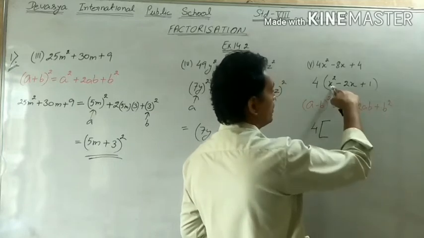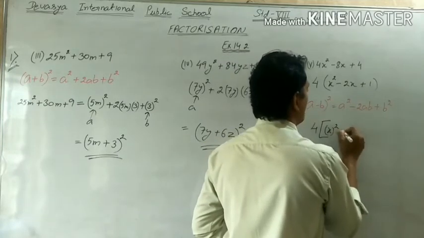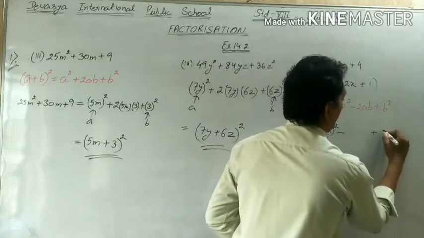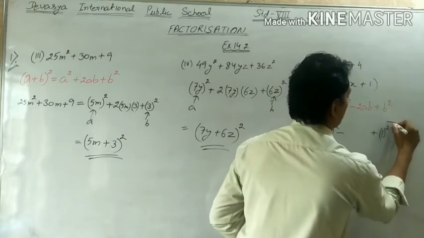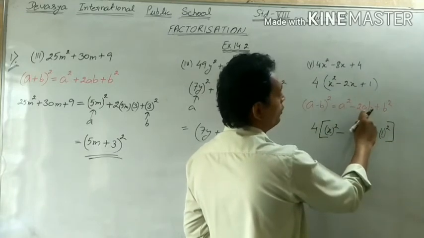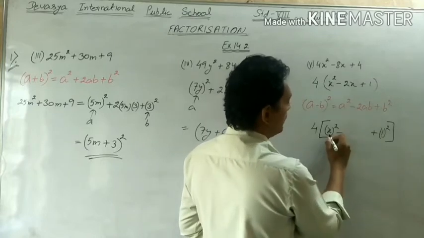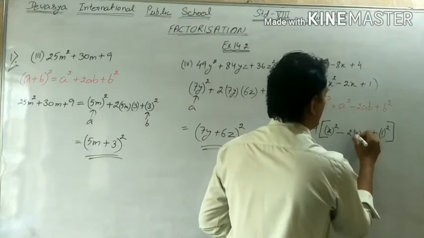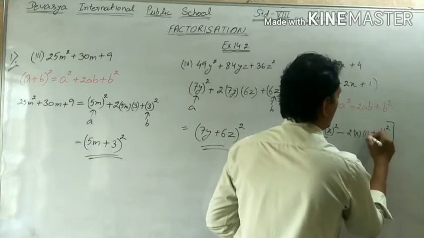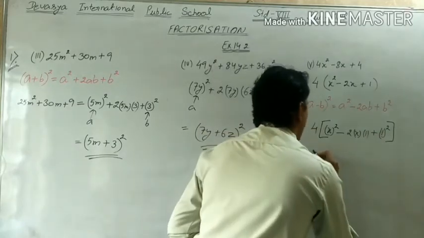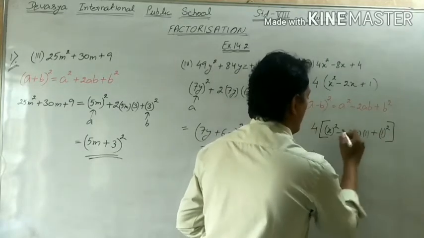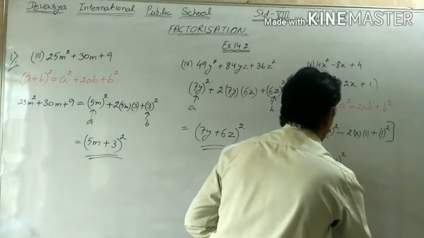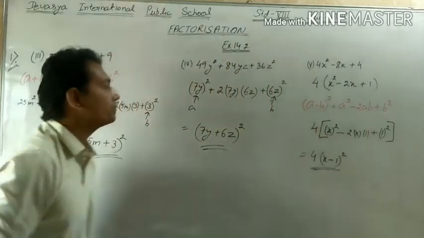Again, a square bracket. x square can be written as x whole square. Middle term we will write later on. And the last term, 1 can be written as 1 square. And the middle term should be in the format 2 into A into B. So the quantity in the first bracket is your A, and the quantity in the last bracket is your B. So 2 into x into 1. Okay, and now we can factorize as 4 into x minus 1 whole square. So this is your factorization.